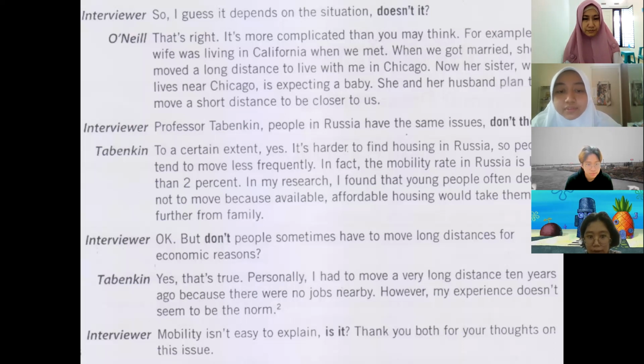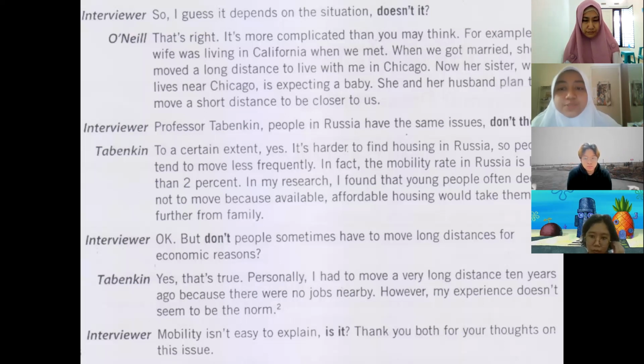To a certain extent, yes, it's harder to find housing in Russia, so people tend to move less frequently. In fact, the mobility rate in Russia is less than 2%. In my research, I found that young people often decide not to move because available, affordable housing would take them further from family.